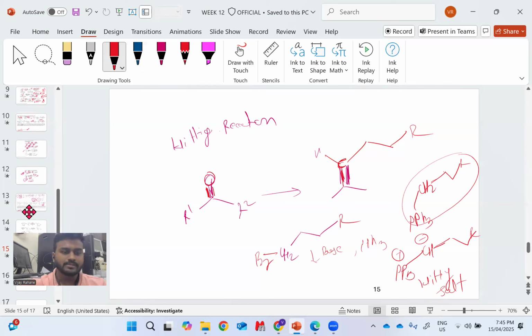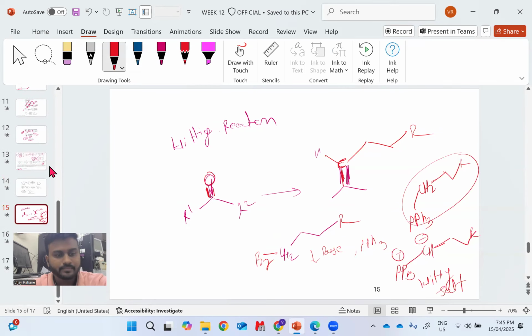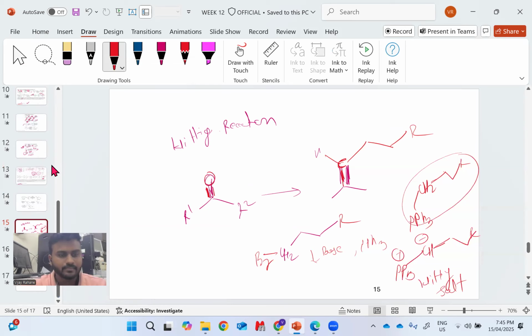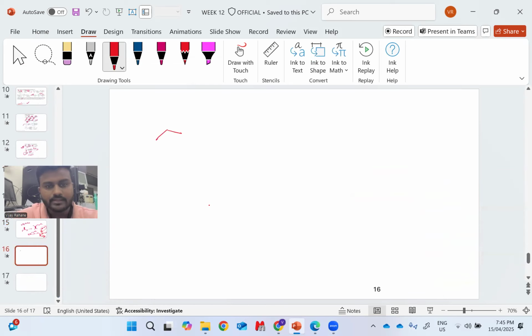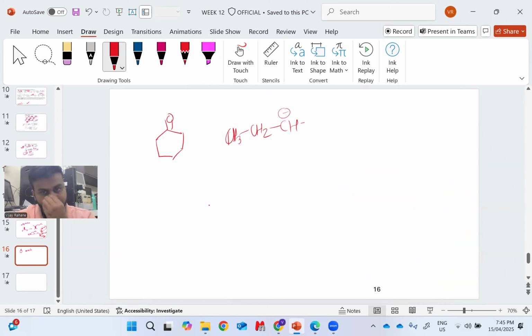So if you look at the simple structures, in general, if you have any kind of this, let's say we have the CH3, CH2, CH, PPh3 plus.